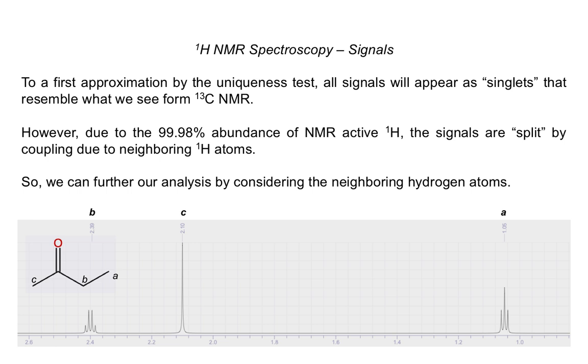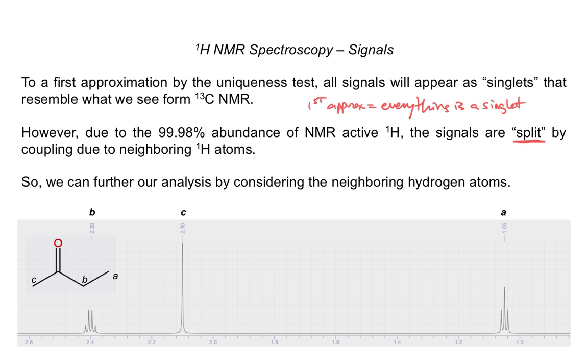So a word that I'll use to determine how multiplicity arises. Again, your first approximation is that everything is a singlet. Then you look at the neighbors, you apply the n+1 rule, and then you're going to see if that singlet is then split by the neighbors.